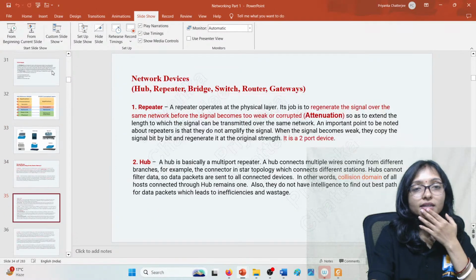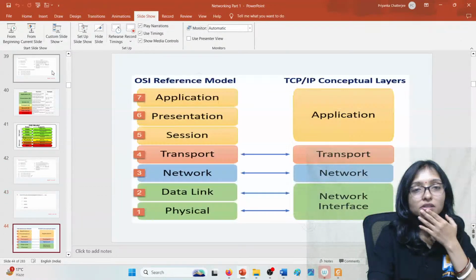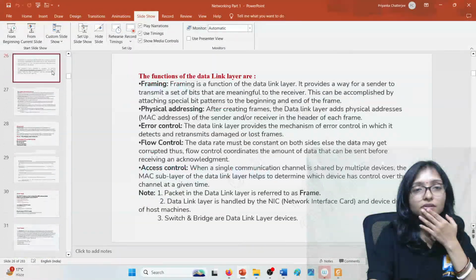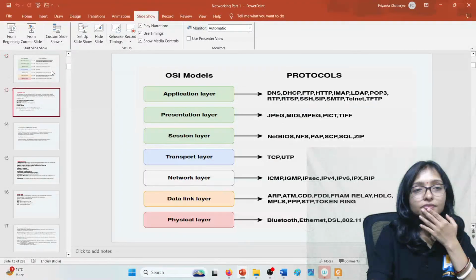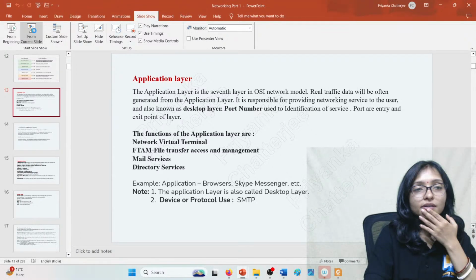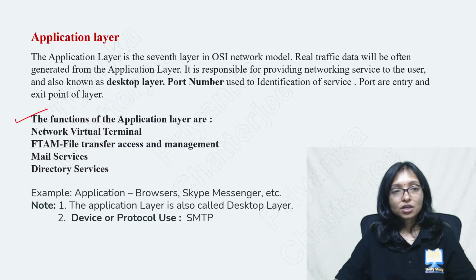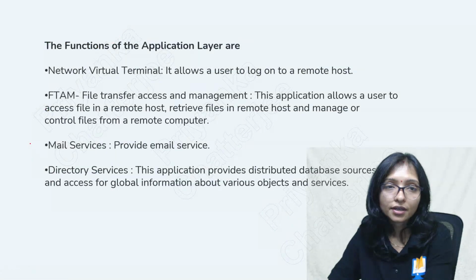And I know that there are confusions coming. I am showing you all these layers. Yes, you can see the main functions of the application layer: network virtual terminal, mail service, directory. This is the main purpose of application layer, right?